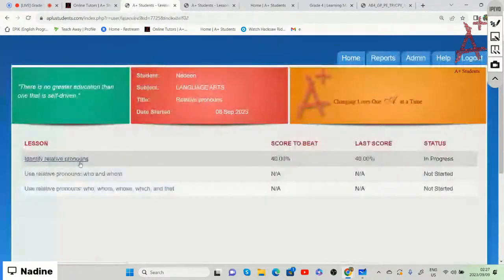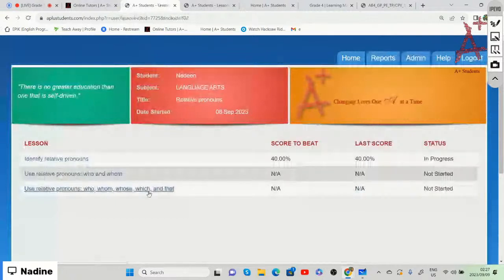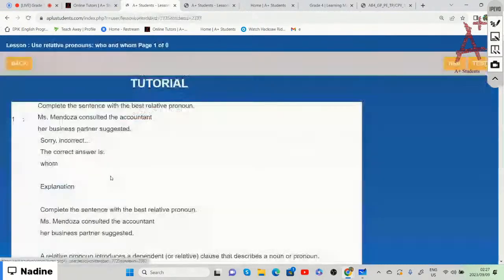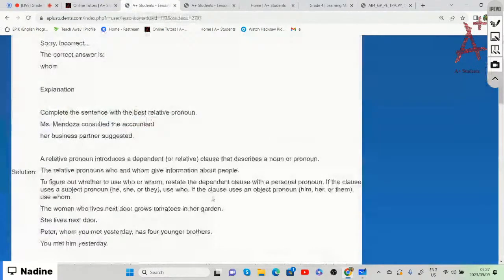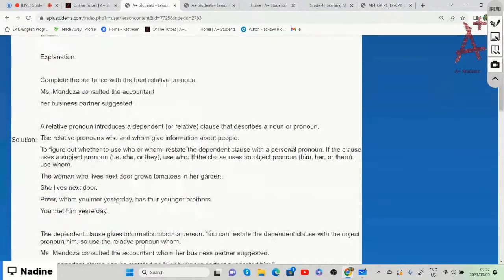All right, so now we're going to use relative pronouns such as who and whom. So we're going to explain the sentence with the best relative pronoun, right? So before we do that, a relative pronoun, once again, introduces a dependent or relative clause that describes a noun or a pronoun.